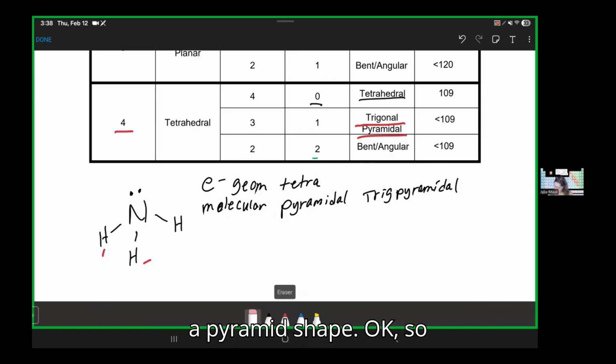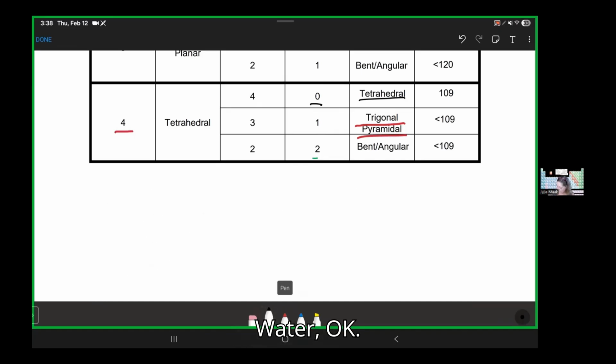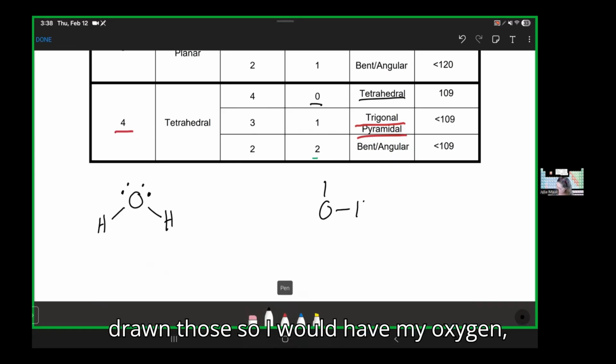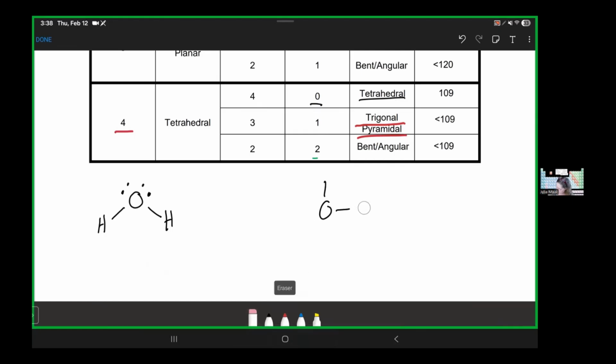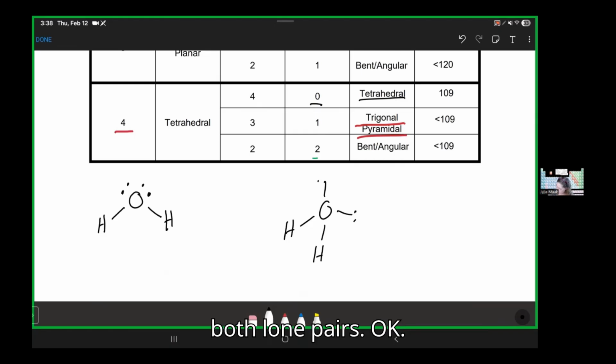Okay, so now if I do water, we draw it like this. It's kind of like if I drew it like I had drawn those. So I would have my oxygen, hydrogen, hydrogen, and those are both lone pairs.